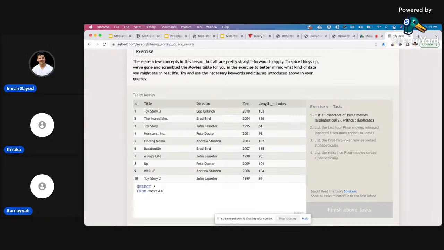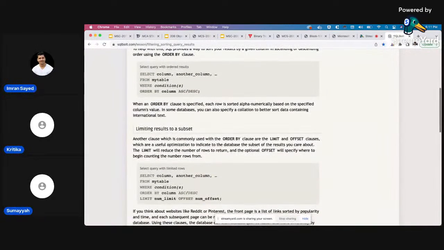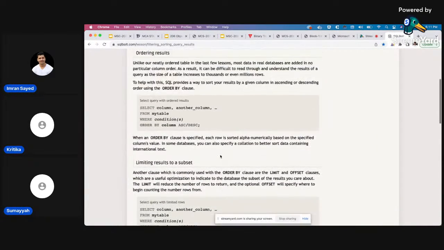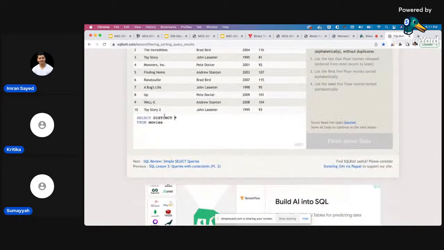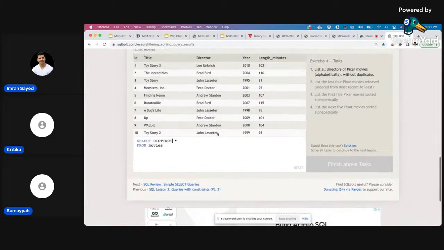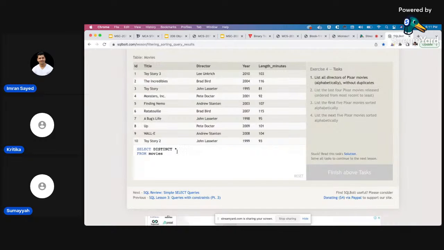Without duplicates, so we don't want any duplicates, so we'll say distinct. Spelling correct? Distinct. Yeah, spelling's correct. So we don't want all, we want just title.